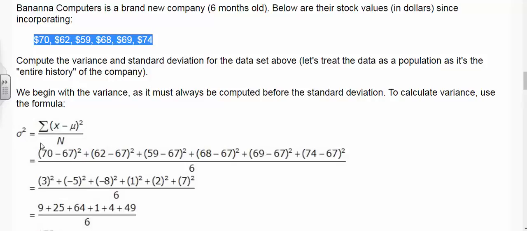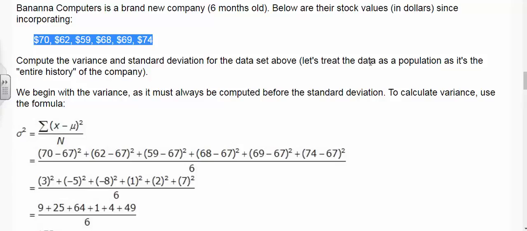So 70 minus 67 and square it. Add to that 62 minus 67 and square it. Add to that the 59 and so on. So you can see that the math behind doing this calculation is actually pretty easy. It does take some time, but as far as complexity goes, there isn't much there.